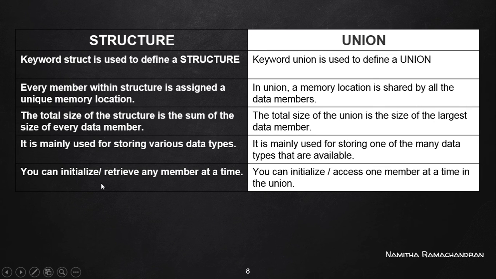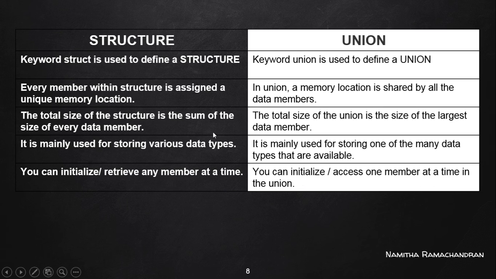You can initialize and retrieve any number of members at a time in case of structure, because all have their own separate memory allocation. But in case of union, all members share a common allotted memory space, so you can initialize or access one member at a time.